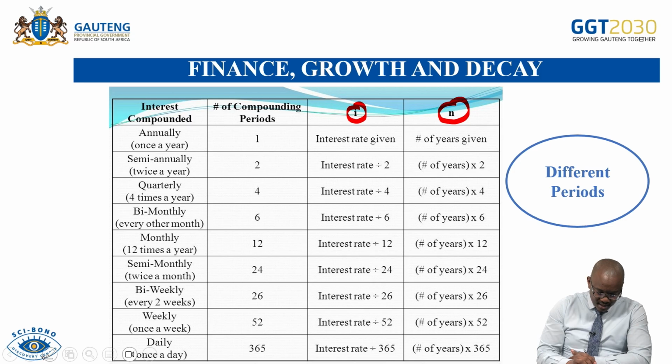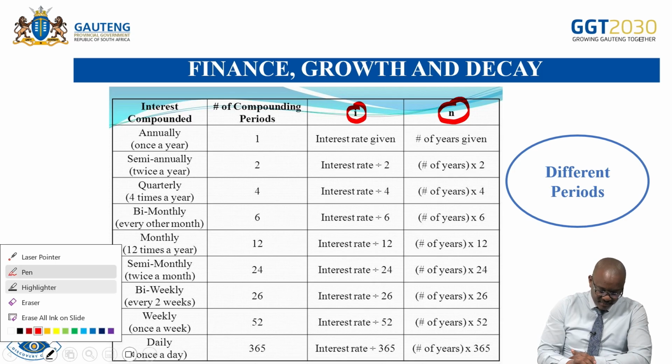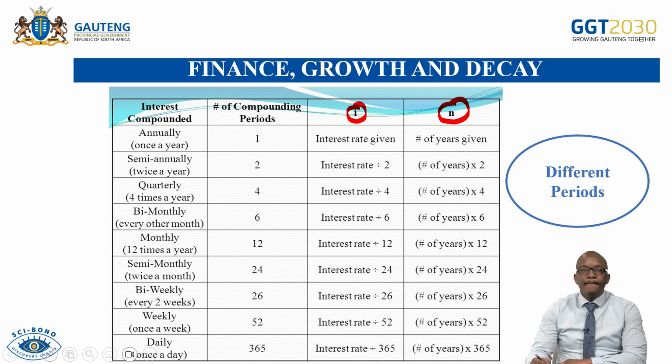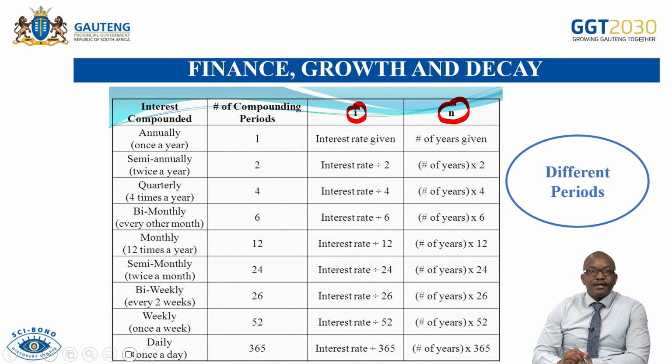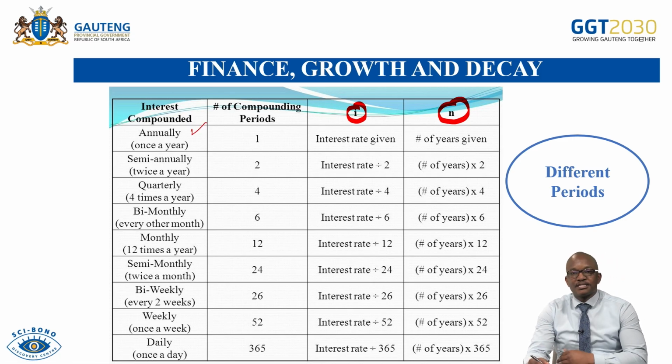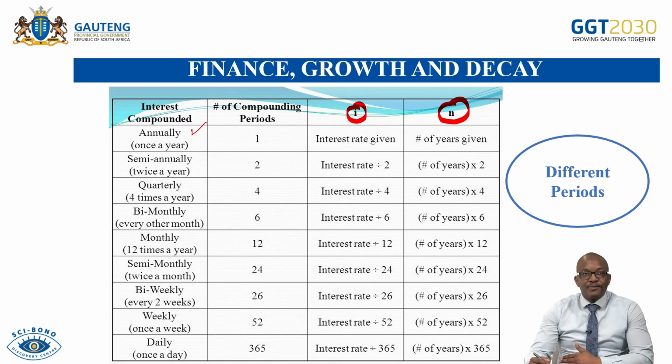So now, looking at our table there, the first row there we have annually. When they're saying the interest is charged annually, it means the interest is charged only once a year, correct?